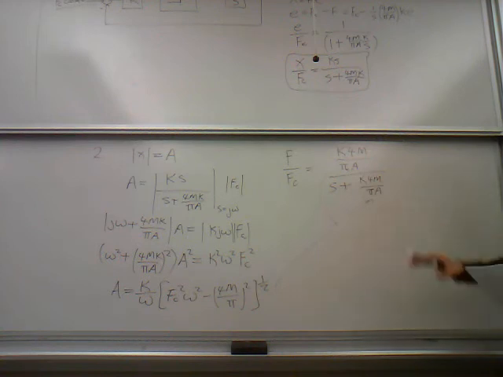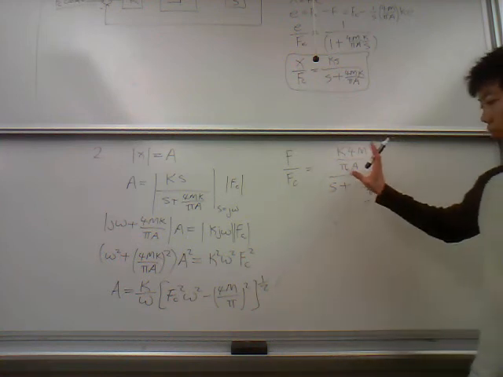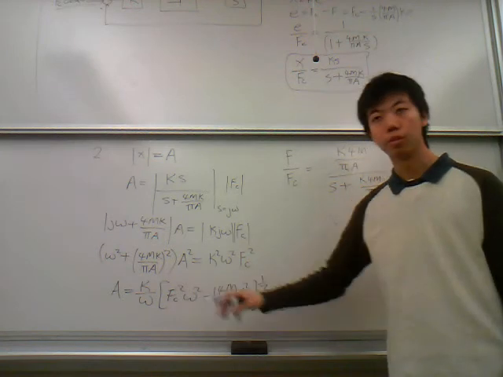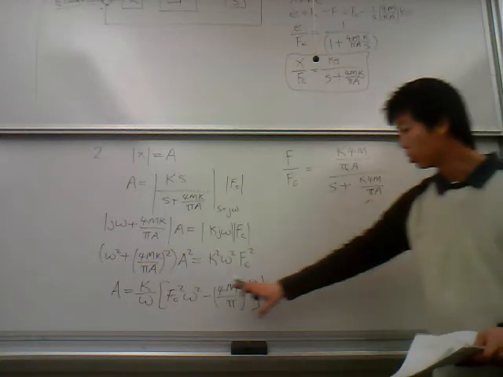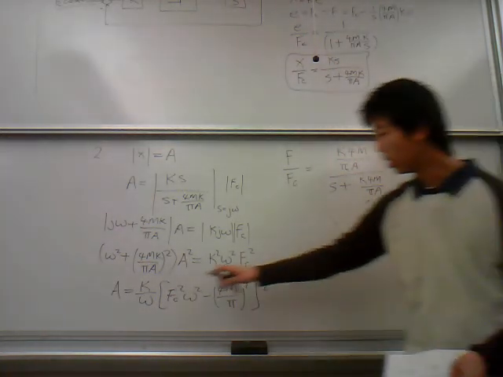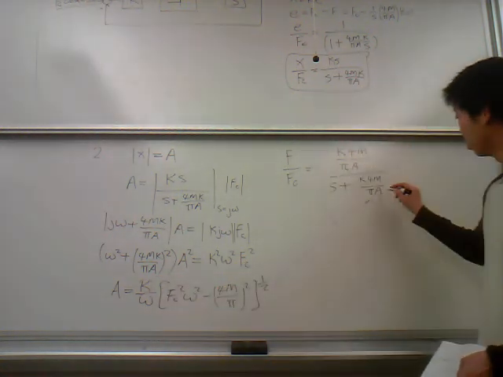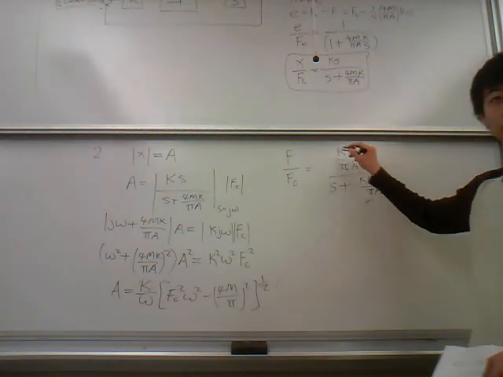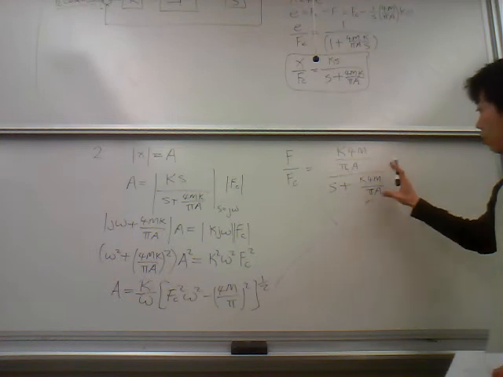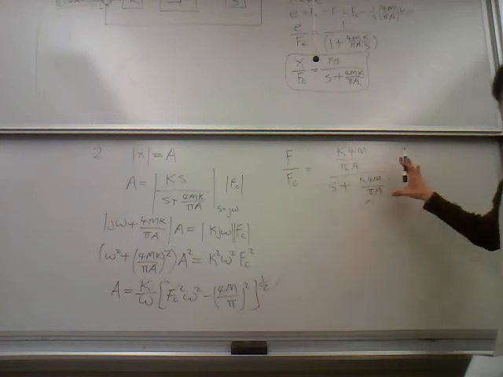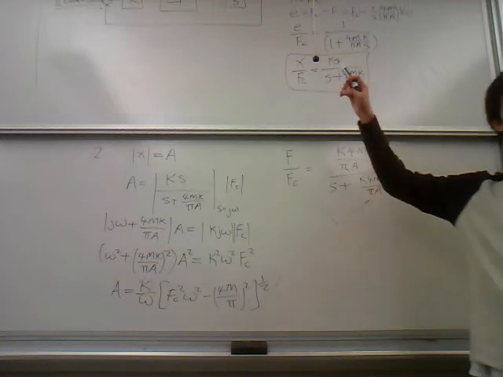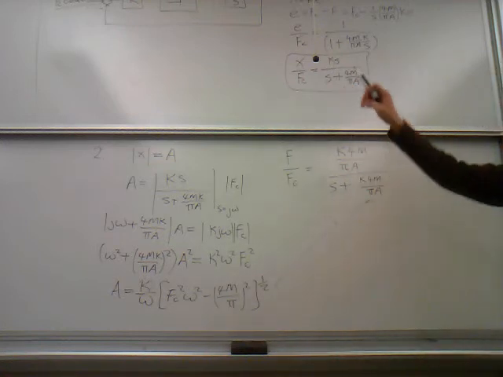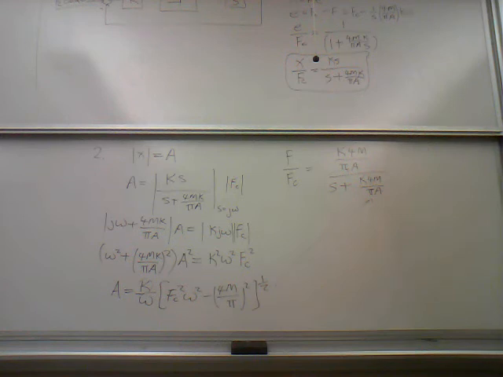And I won't write it out, but you could see that the expression will depend on both FC and omega. Interesting though, if you do sub this into here, you'll see that there's a K up here on the A, and there's K, so the K's cancel, and the final expression doesn't actually depend on K. Okay. And that makes sense, because it doesn't matter what K is, it gets washed out in your relay.